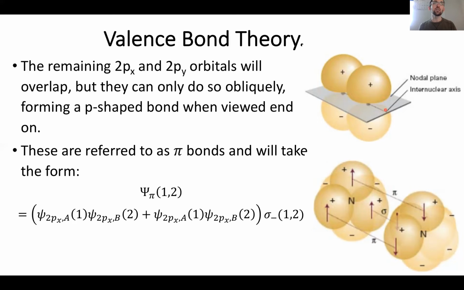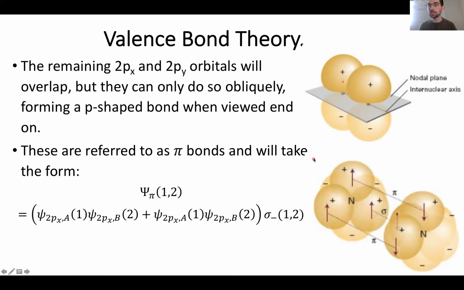I introduce to you the pi bond, and it's going to have a very similar wave functional form, where I'm going to have first electron on atom A, second electron on atom B. You switch this, and because they have a direct overlap, the two wave functions are lined up in phase instead of out of phase. We have the symmetric combination.